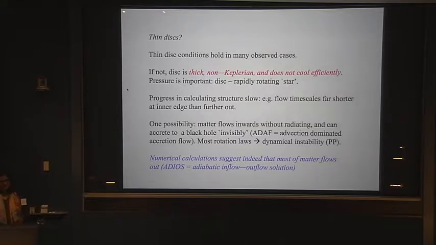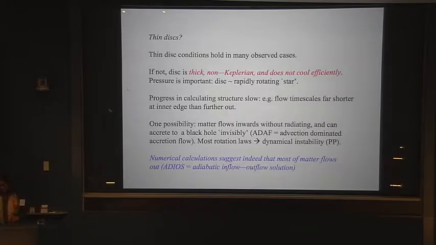Basically, matter flows inwards without radiating, so you could have a very high mass accretion rate and very low luminosity output. That is basically what's happening in these cases. And we think that this is the kind of geometry that explains what's happening in a lot of nearby galactic nuclei. There's a set of analytic solutions that Ramesh Narayan and Yi came up with for these.